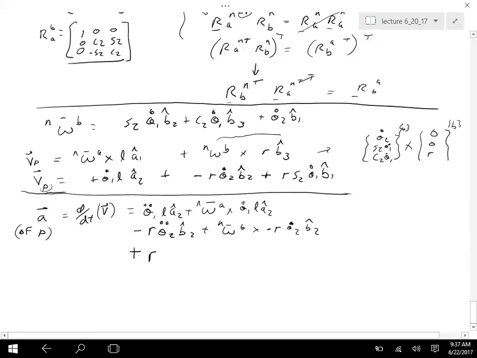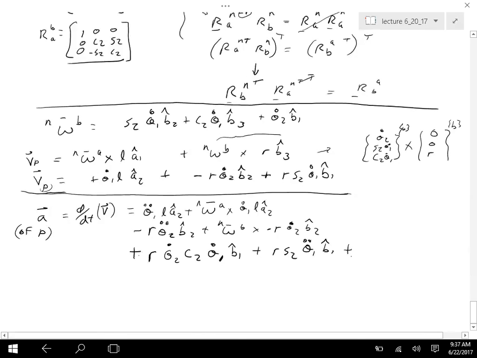So r, let me just start with the derivative of sine theta 2, that's theta 2 dot times the cosine of theta 2 times theta 1 dot times b1, plus r times sine theta 2 times the derivative of the next term, that's a theta 1 double dot b1.